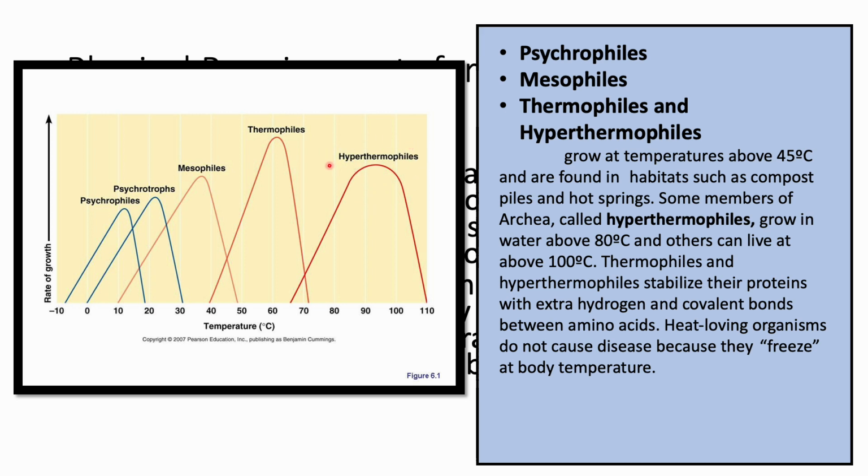So they thrive in really hot conditions like hot springs. And these, of course, are going to be mostly archaea. So they're going to be extremophiles. They're going to live in extreme high heat conditions. And these are really not going to cause diseases in humans because they would not be able to thrive and survive in the human body temperature that's way down here.